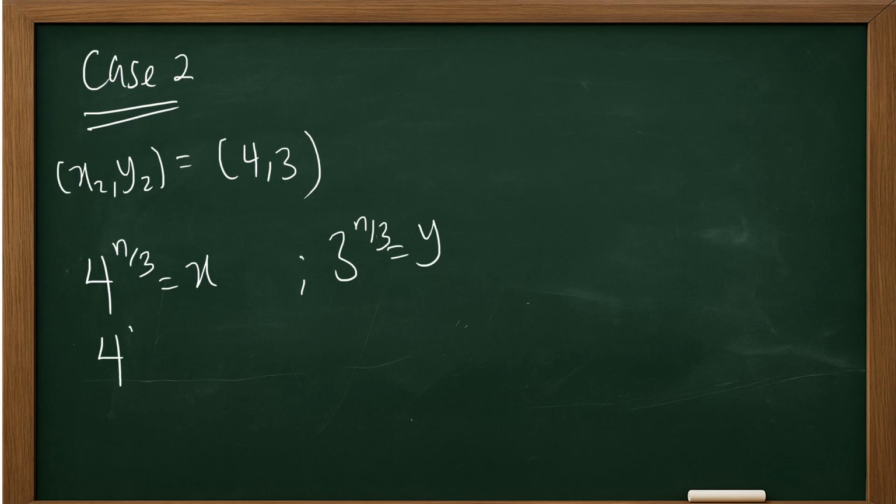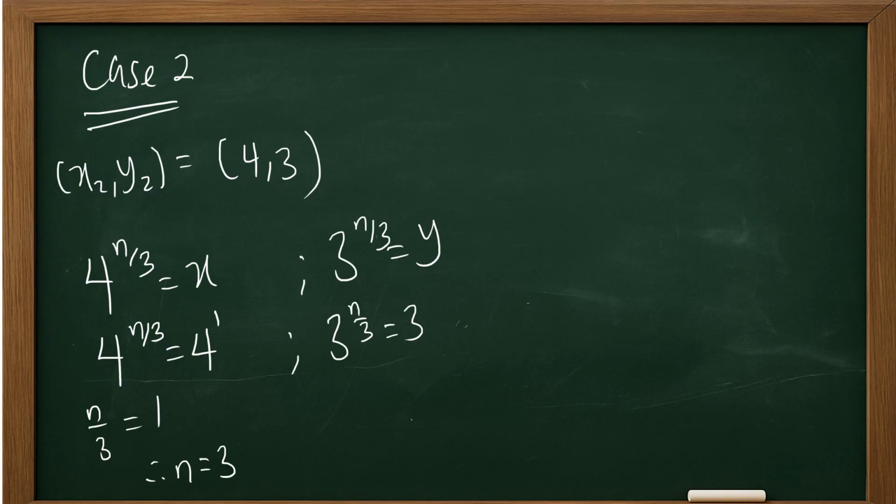So 4 to the power of n over 3 equals to 4 to the power of 1. If you simplify further, we have n over 3 equals to 1. Therefore, n equals to 3 in this case by cross multiplying. The same thing here, 3 to the power of n over 3 equals to 3. Here we have n over 3 to be equals to 1 and n equals to 3.